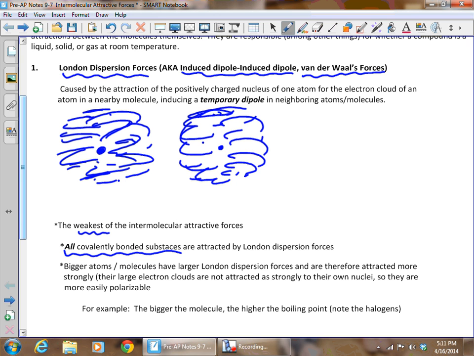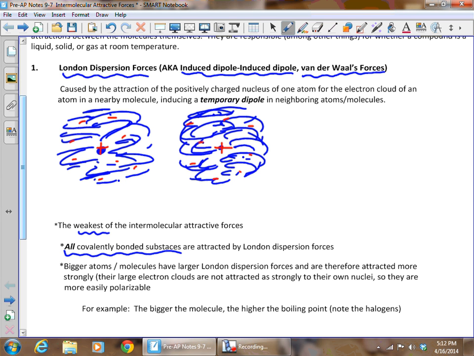And so you have these xenon atoms getting close to each other. Now remember, inside there, that nucleus is positively charged, and then all around out here in this electron cloud, we have these interspersed negative electrons.